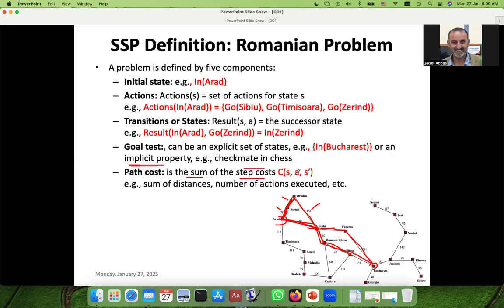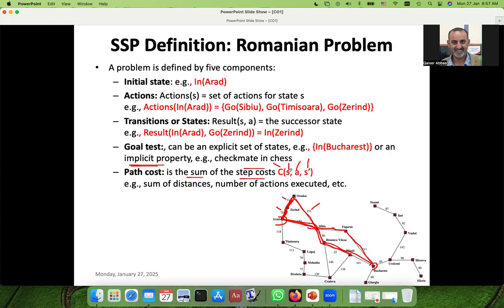The formula is C for cost, and S for state. Your agent can be at any state, and then you will perform the action, and then you will reach the next state. S prime means next state.